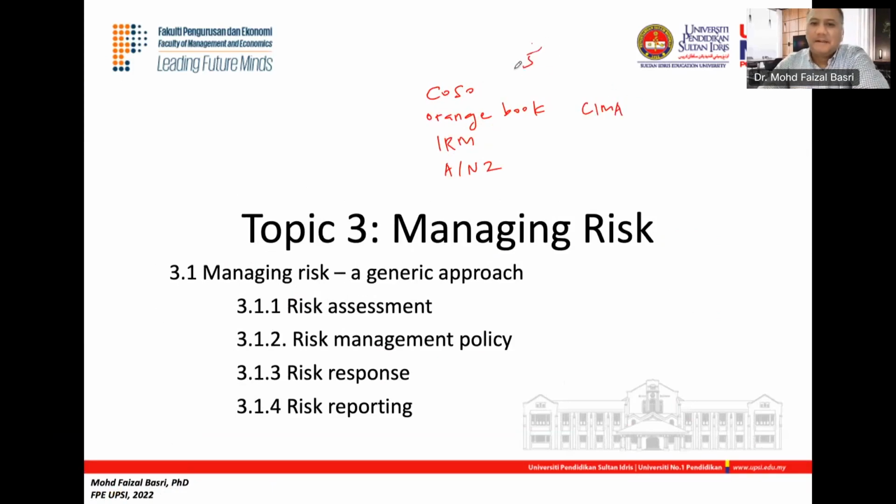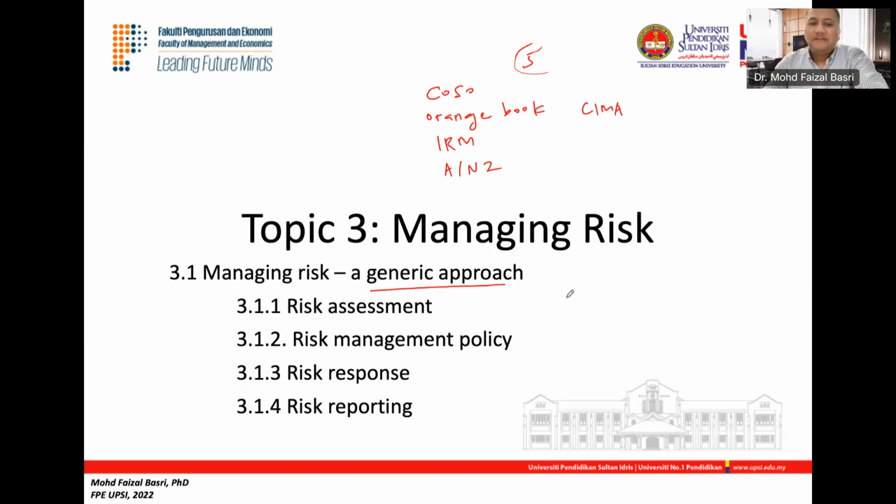So we have 5 different approaches, and towards the end of the video I mentioned that we can find some similarities between all 5 approaches. So for today, we summarize the relevant approaches, and we come out with how to manage risk according to a general approach.